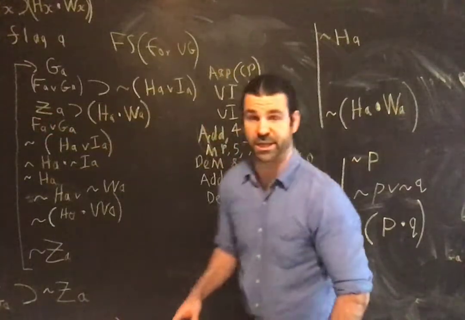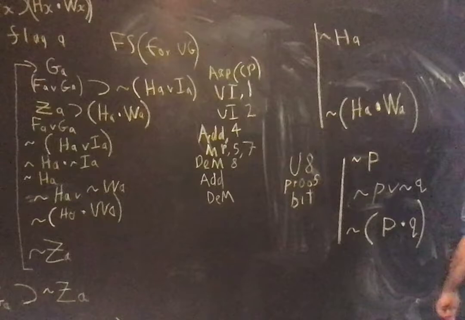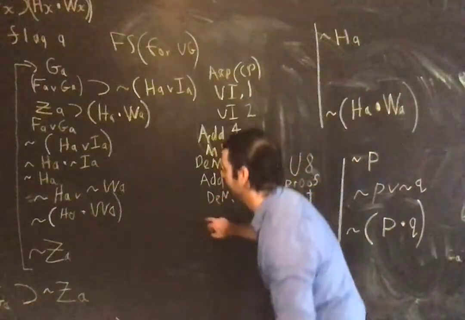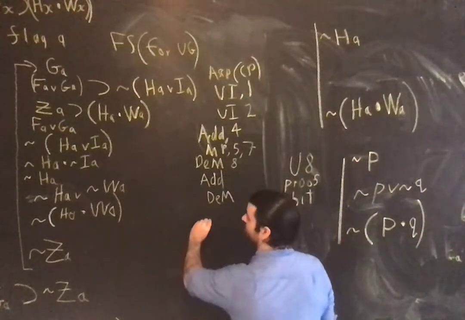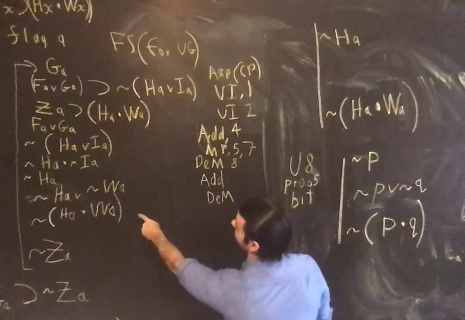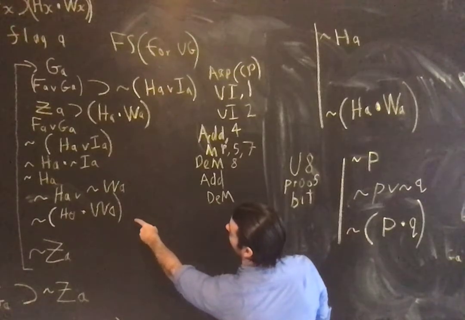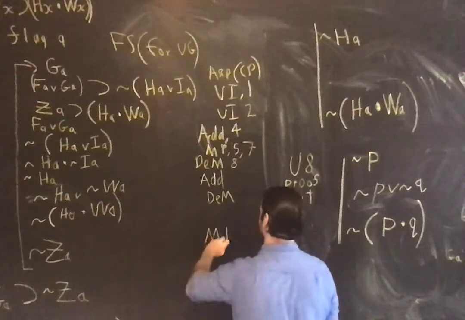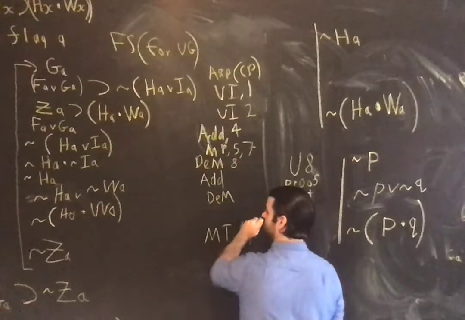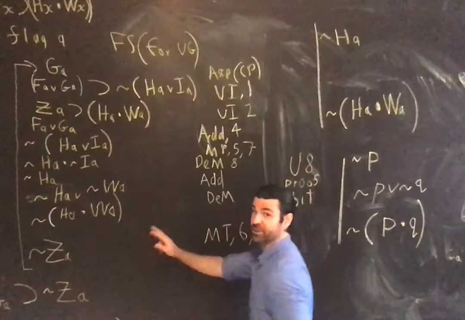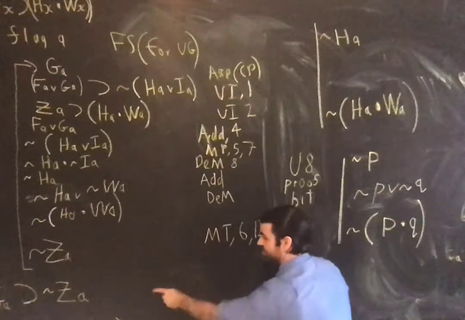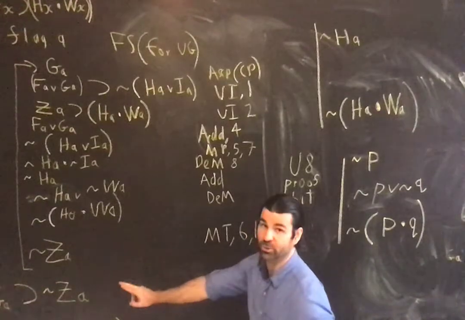Make sure you complete the annotation of the proof. So you can now do modus tollens on 6 and 12, MT 6 and 12, because that's where it was going. That's the end of my subproof. So how did I derive GA hook not ZA?